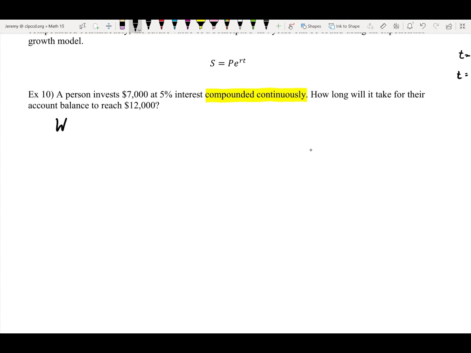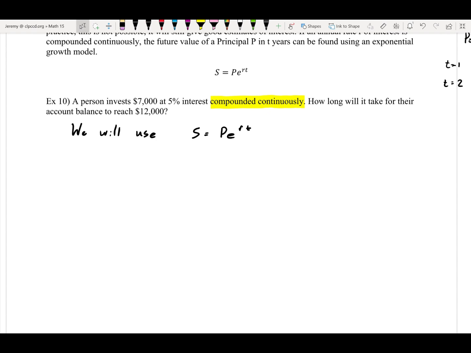So we will use this formula. S is equal to P times e to the rt. We just got to figure out, okay, what am I plugging in for all these values? Well, P, that's the initial value, which in this application we could call the principal, which is just the amount of money that we start with.